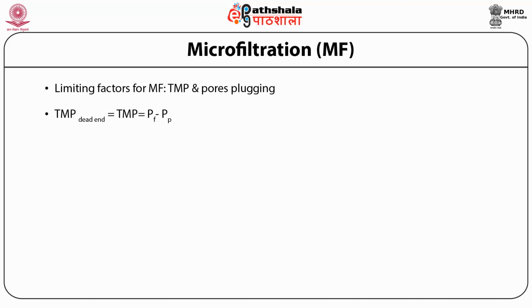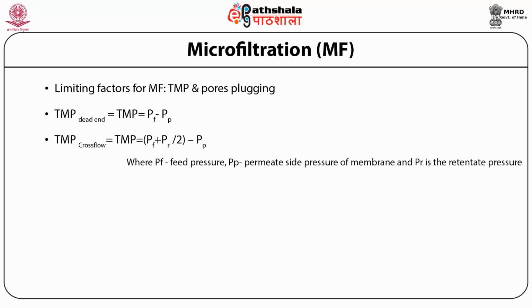So for dead end filtration, the transmembrane pressure is given by the formula TMP equals PF minus PP. But for cross flow filtration, it is given by another formula, TMP equals PF plus PR divided by 2, minus PP. Here PR is the retentate pressure and PF is the feed pressure, while PP is the permeate side pressure.